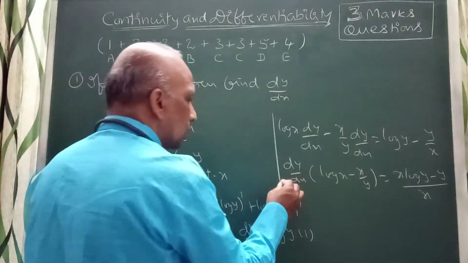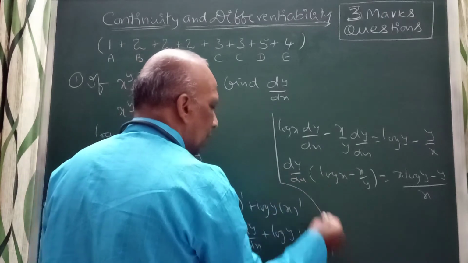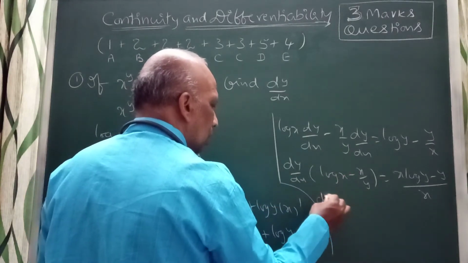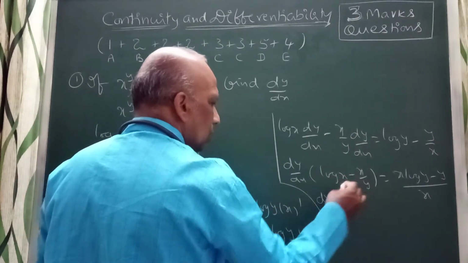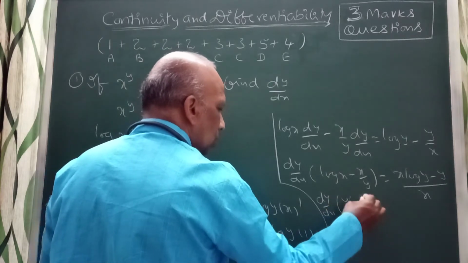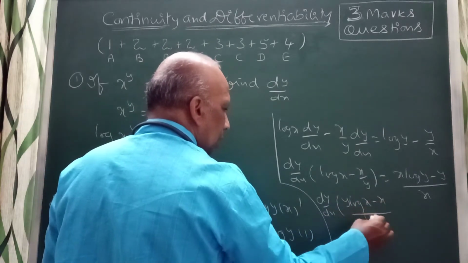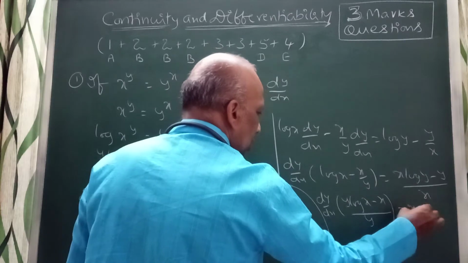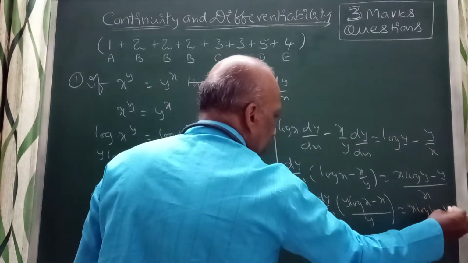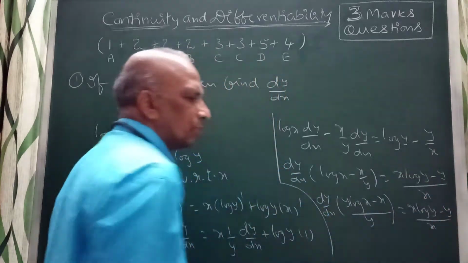Taking the LCM here, dy by dx times (y log x minus x) by y equals (x log y minus y) by x. Correct.